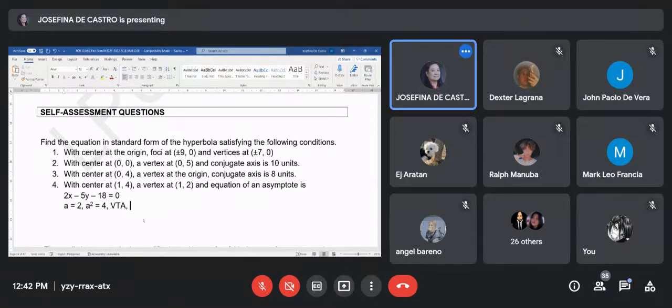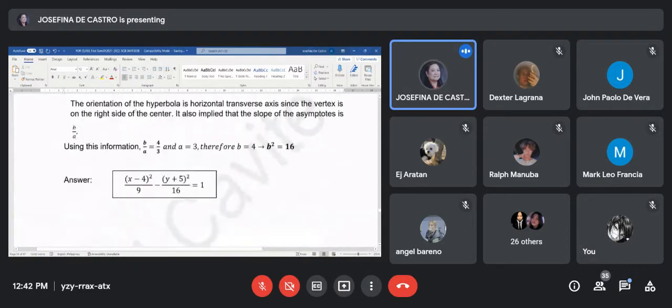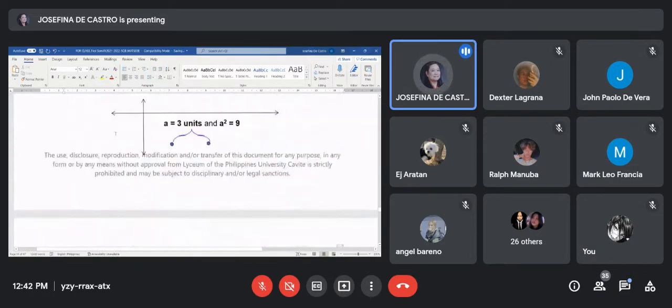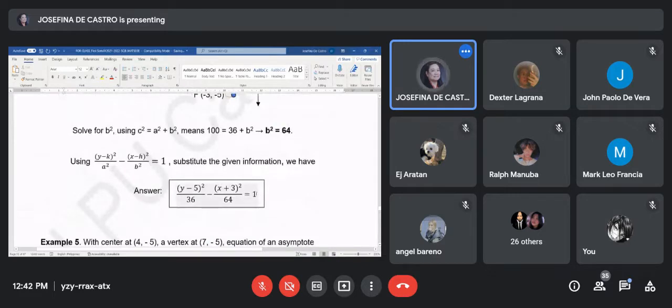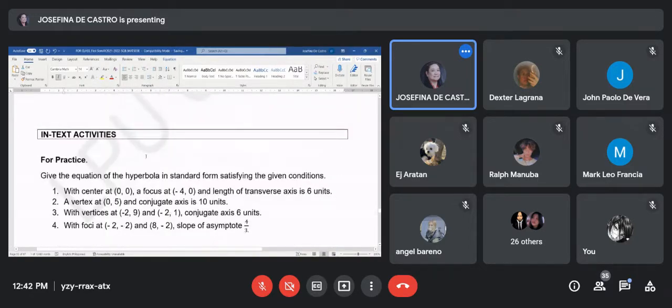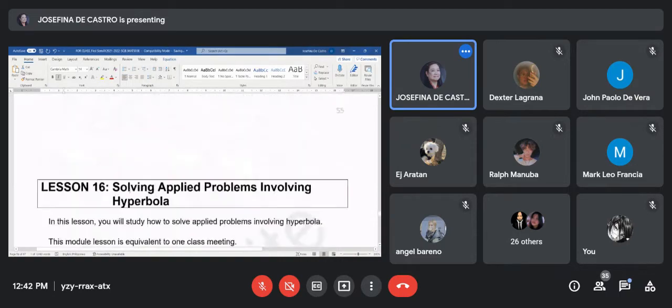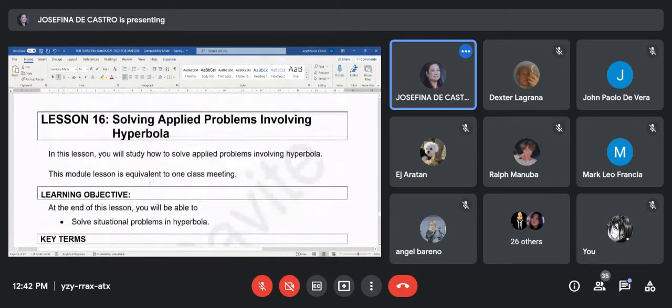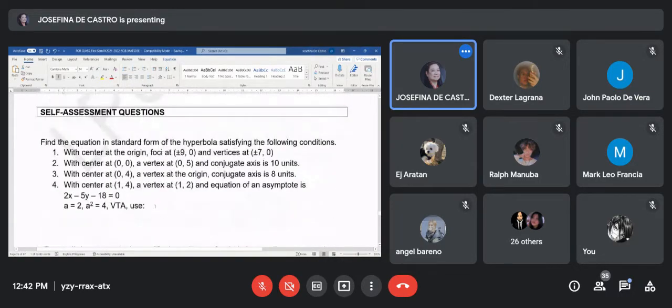Okay po. So, ang gagamitin kong formula, una si Y. Ganito ang gagamitin kong formula kasi vertical siya.